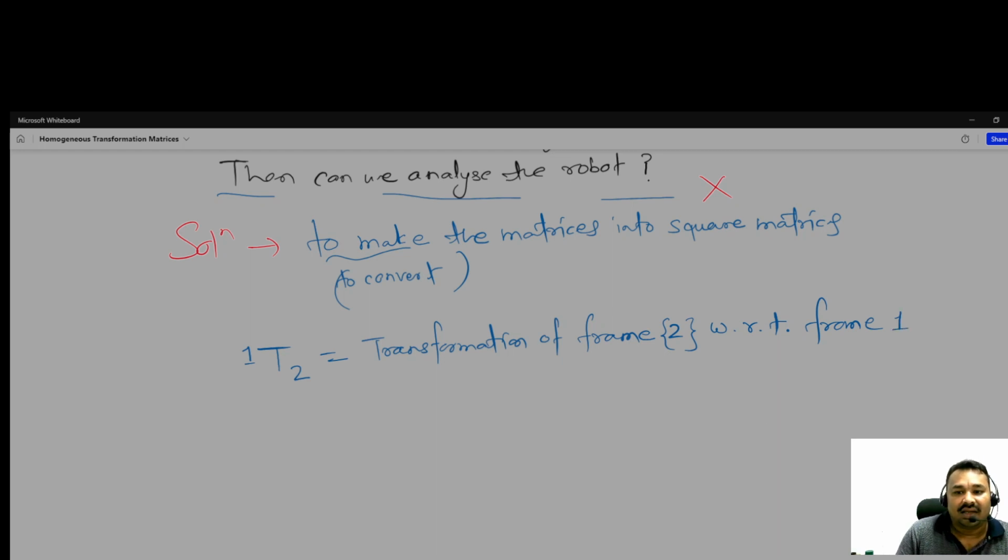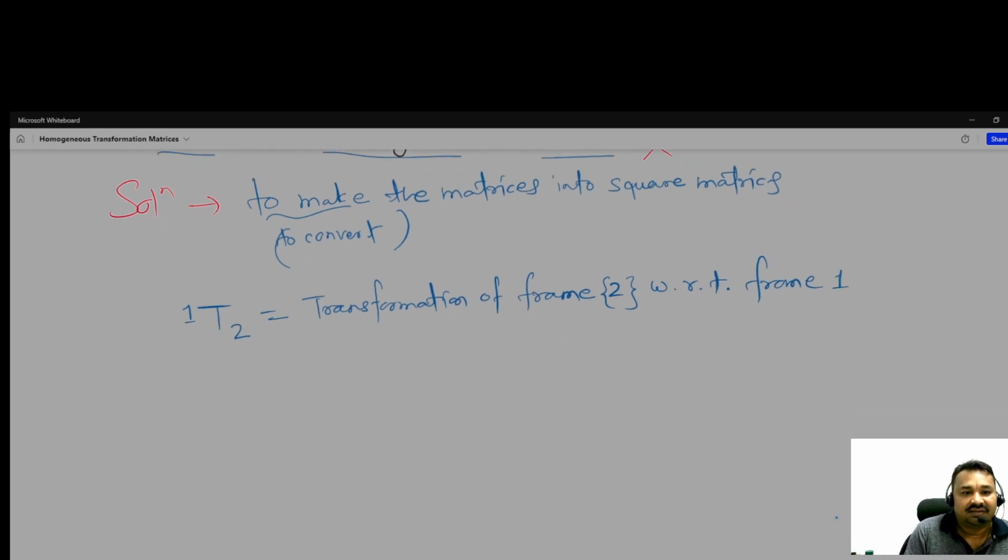And it is a combination of, suppose, rotation about the z-axis of 60 degrees and translation like 6, 4, 3, and the order may be anything.